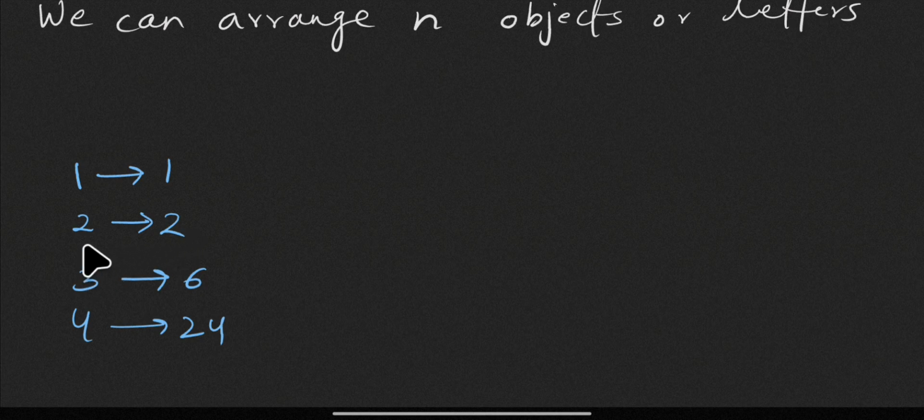So what is the pattern? Suppose I know the arrangement for the first object. To get the arrangement for two objects, we multiply by 2. Similarly for the arrangement of three objects, we multiply by 3 the number of arrangements of two objects.